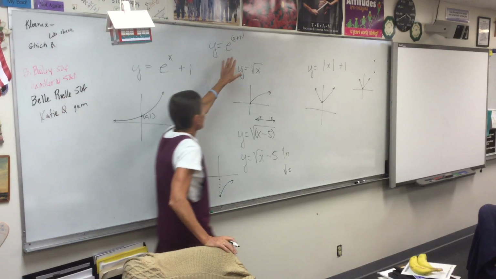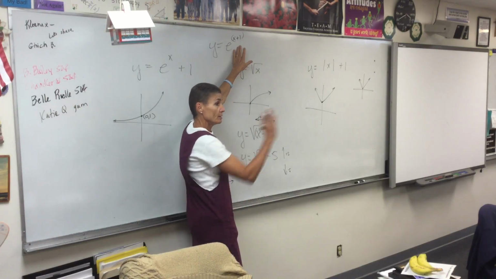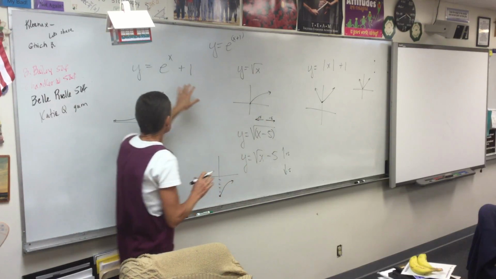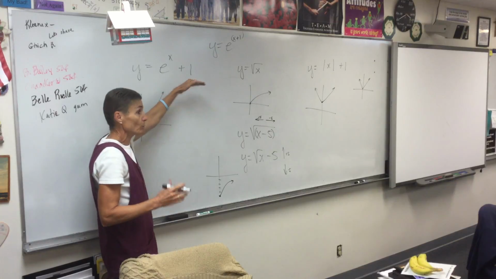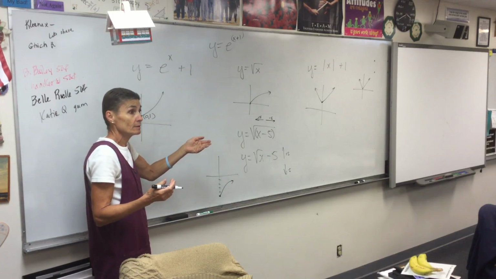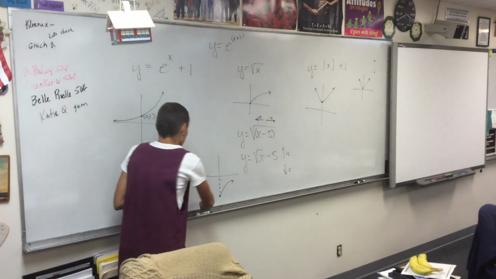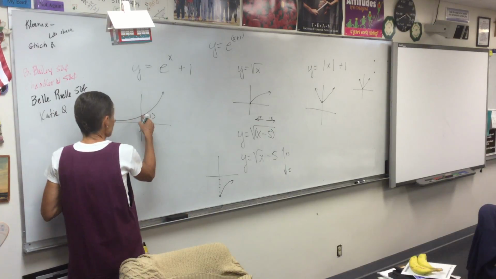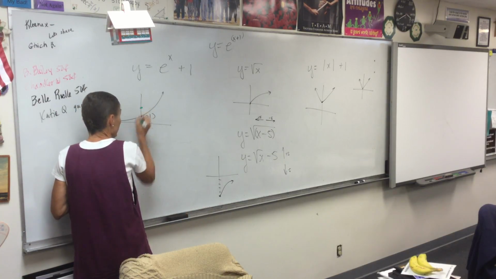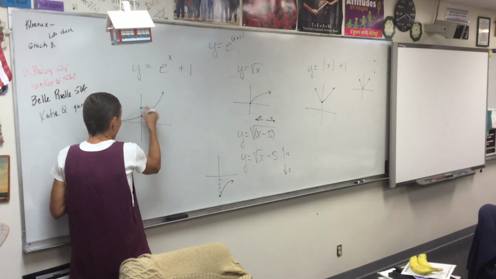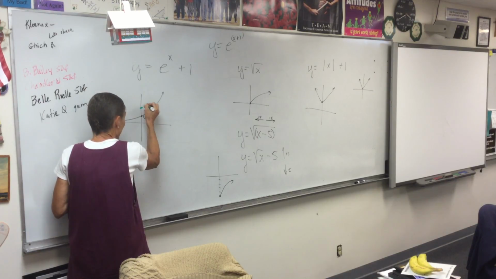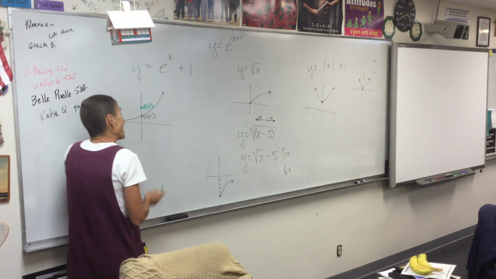So if it's grouped with the X, that's going to move you sideways. This is not. So this is another one where I'm going to simply do what? Move it up 1. Now, I'm going to move it up right here so that you can see. So that point now would be 0, 2.